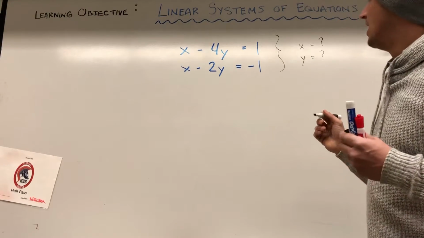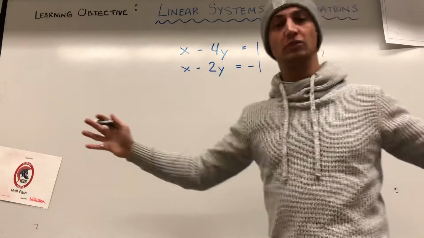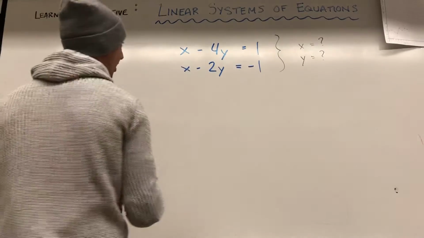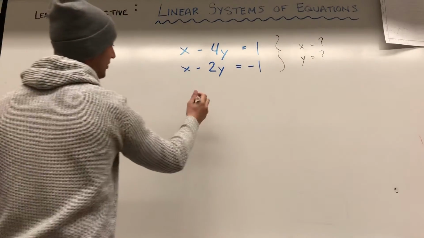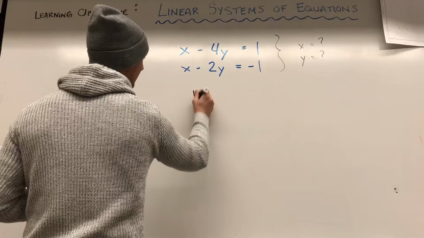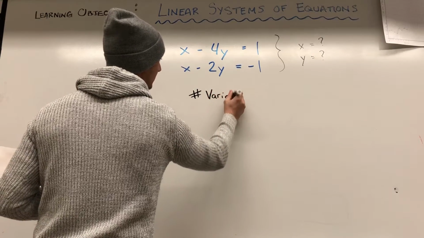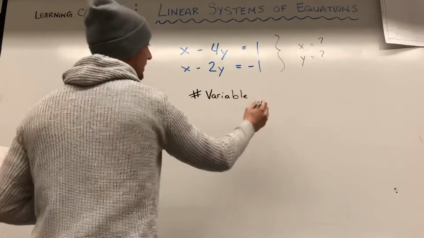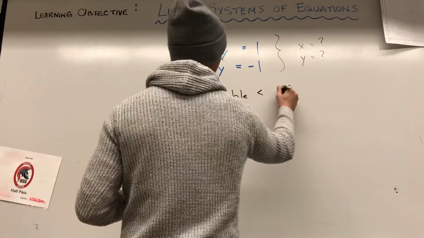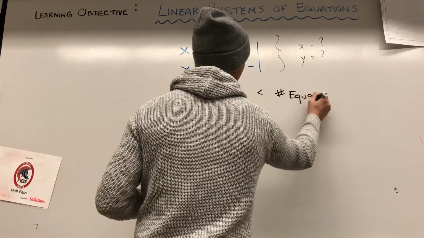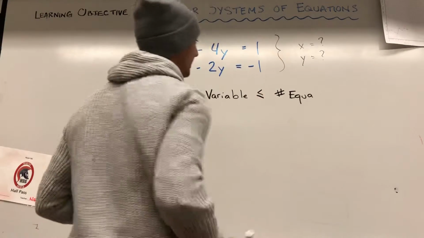Okay? Here is the golden rule. Never forget this rule. I'm about to give you some gold. I can solve a system of linear equations as long as the number of variables is smaller than or equal to the number of equations.